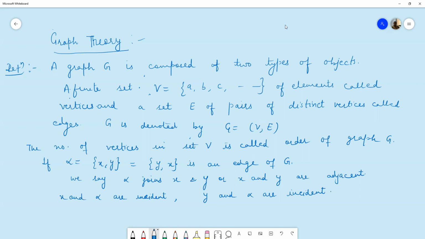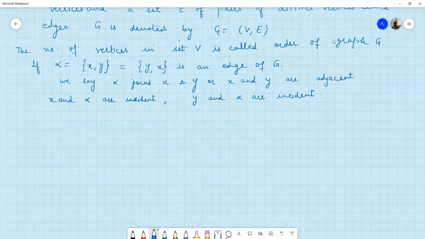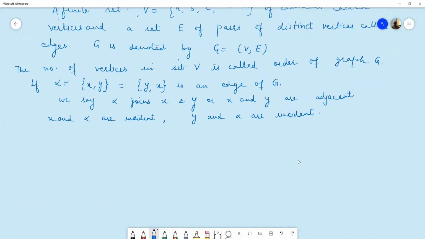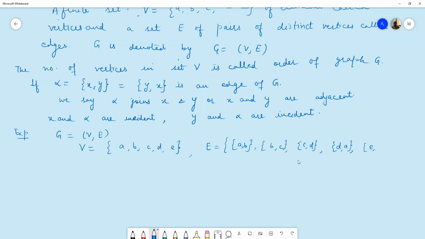For example, let G be a graph (V, E), where the set of vertices V is given by A, B, C, D, E, meaning there are 5 different vertices, and E is given by this set: AB, BC, CD, let us say DA, EA, EB, and ED.